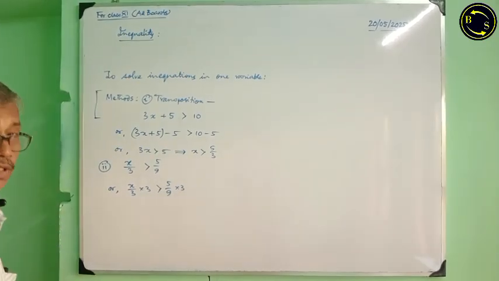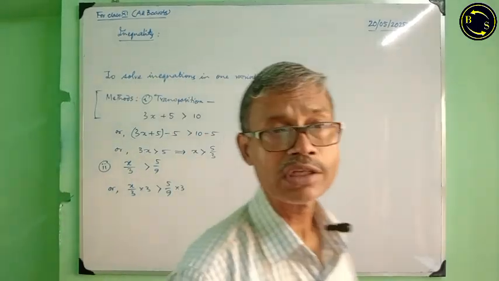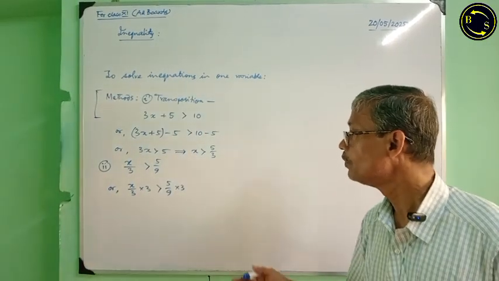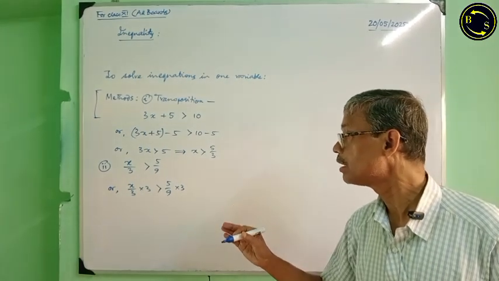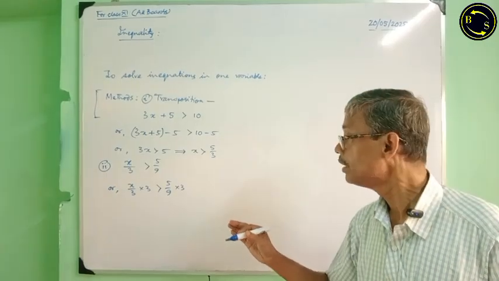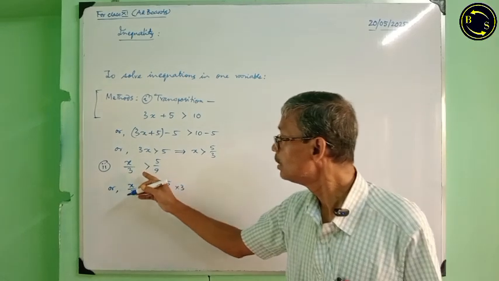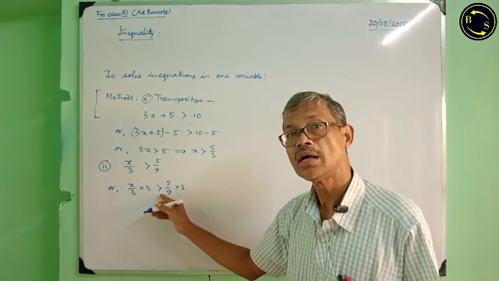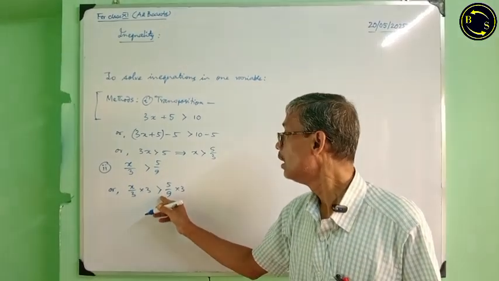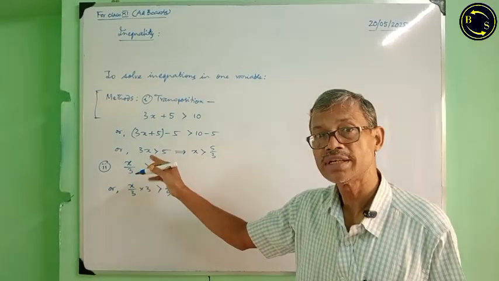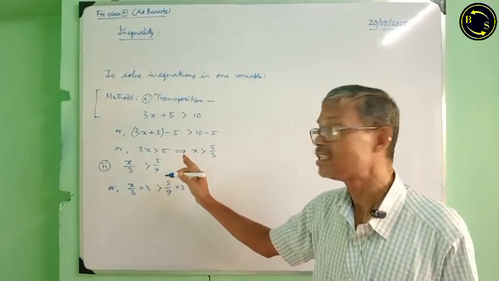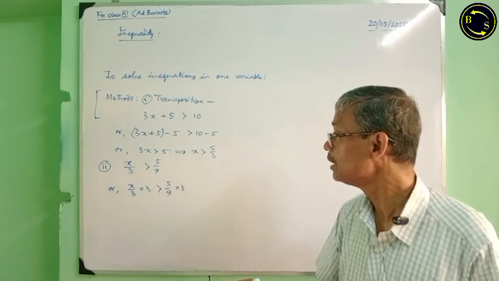As the properties discussed earlier, if we multiply both sides of an inequation by a positive constant, then the inequation sign remains unaltered. In this step also, we have multiplied by 3, that is a positive number, as per that property.